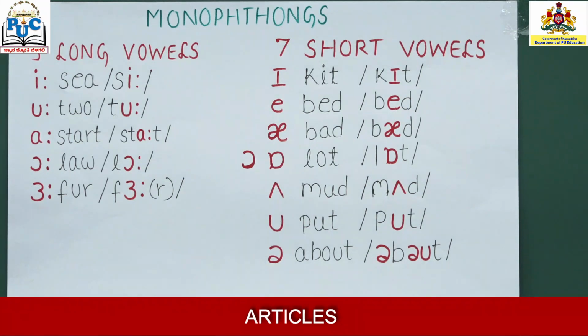So now in vowel sounds you have learnt that there are 5 long vowels and 7 short vowels. Totally we have 12 vowel sounds. I repeat again, these are not vowels, these are vowel sounds.